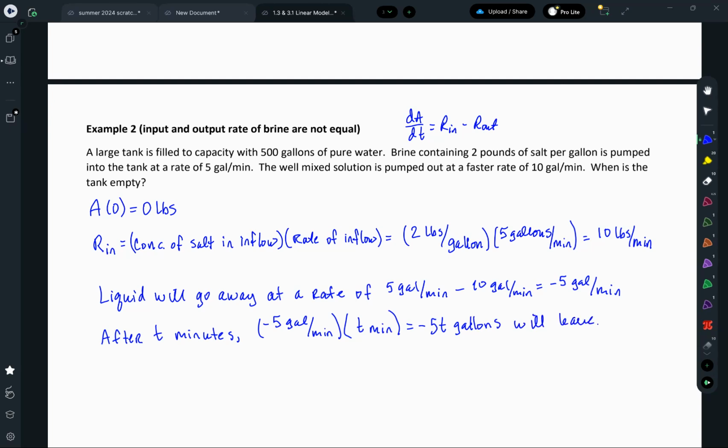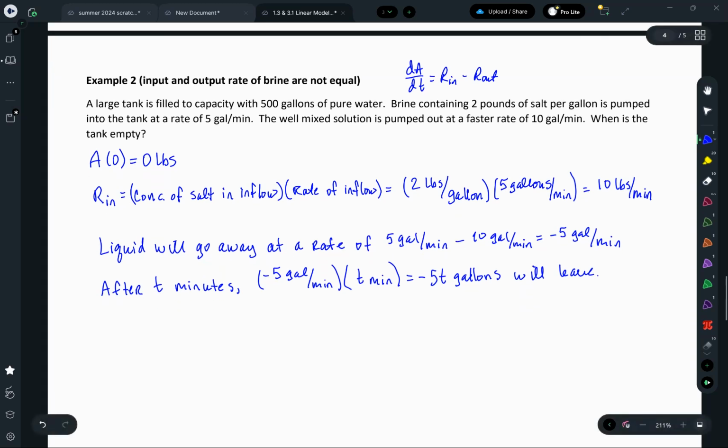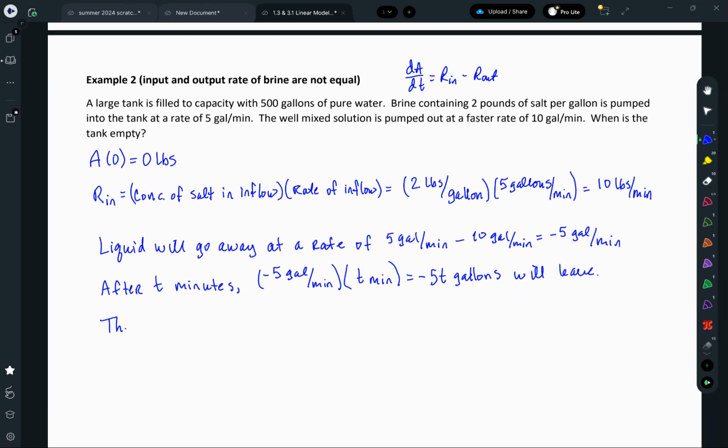So we're finding out how many gallons leave for the number of minutes. If it's 1 minute, then we've lost 5 gallons. If it's 2 minutes, we've lost 10 gallons, so on and so forth. So the tank will contain 500, that's the number of gallons to begin with, minus 5t, right?